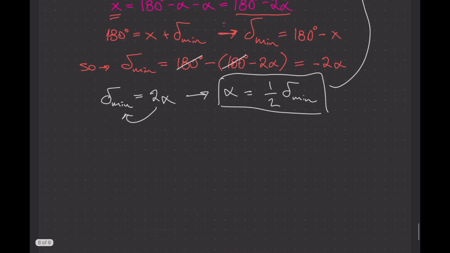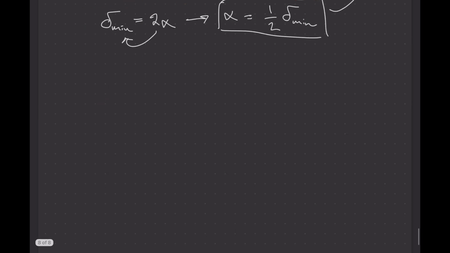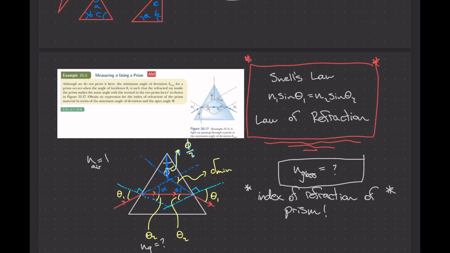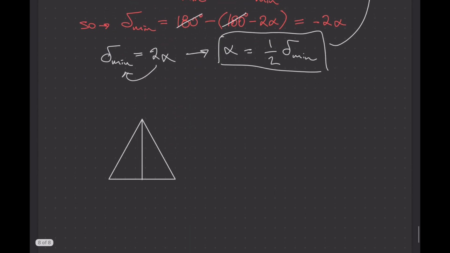Okay, I have an idea. I'm going to redraw the triangle to make it a bit more simple. So I have this complete vertical bisection here. And let me take a look at the original picture. I have the incoming light ray, which is going like this.